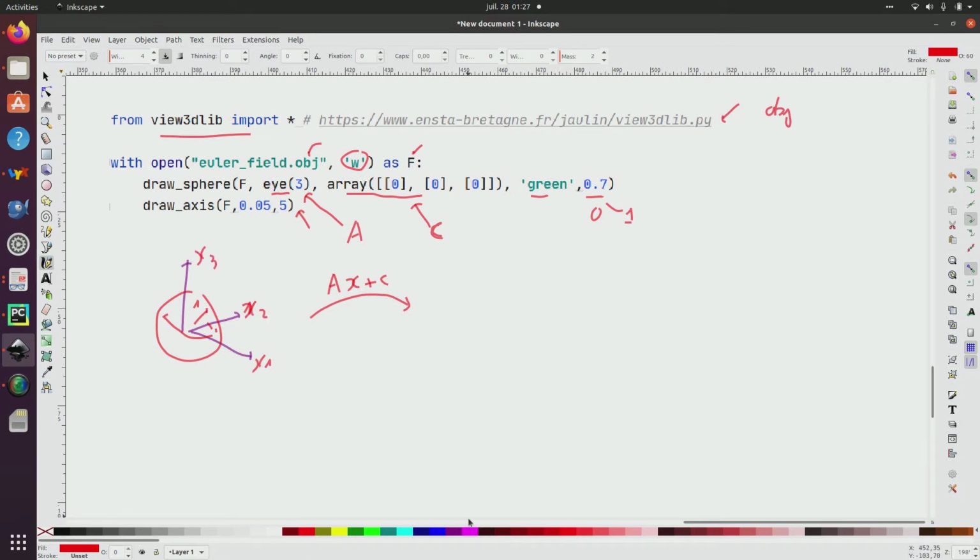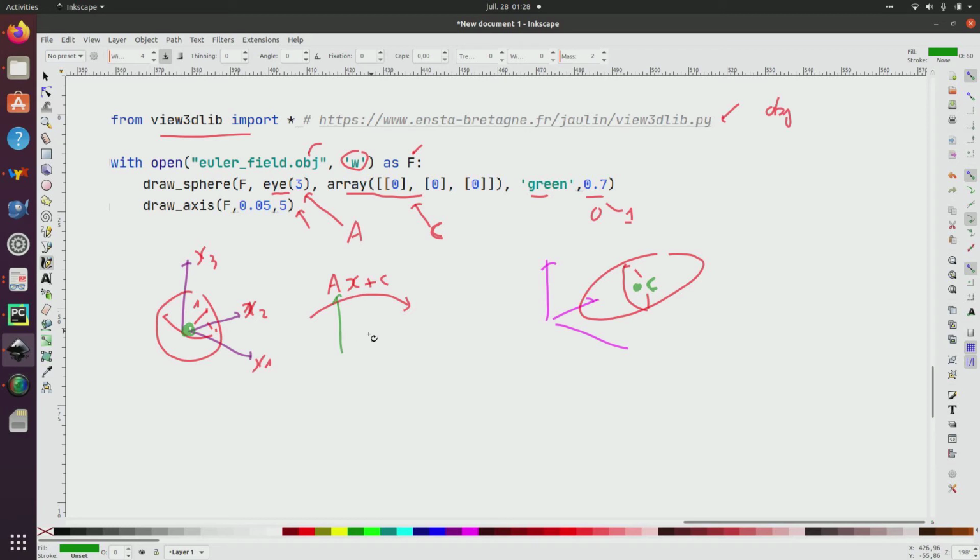And in this space, the sphere will become an ellipsoid, like this, where the center 0 becomes C, and A will give another shape to the ellipsoid.